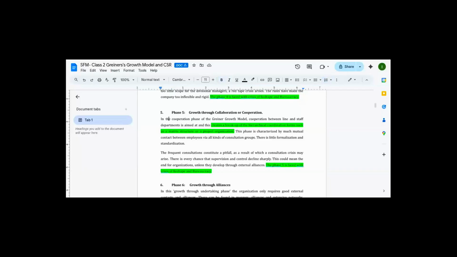So the phase 5 is called the cooperation phase of the Greenhouse growth model. Why? Because the company encourages cooperation between the line and the staff departments so that we can be able to achieve synergy and a sort of matrix structure.